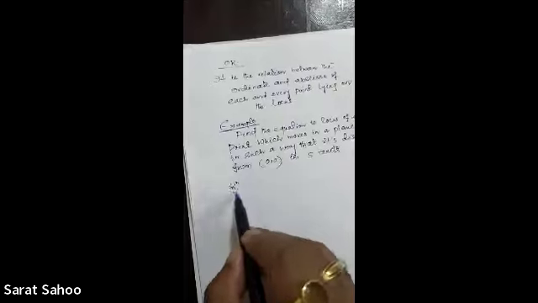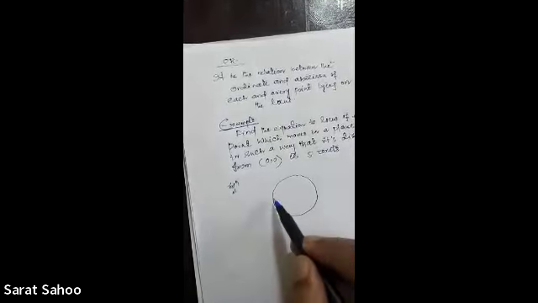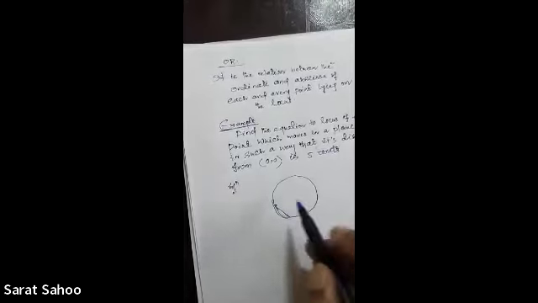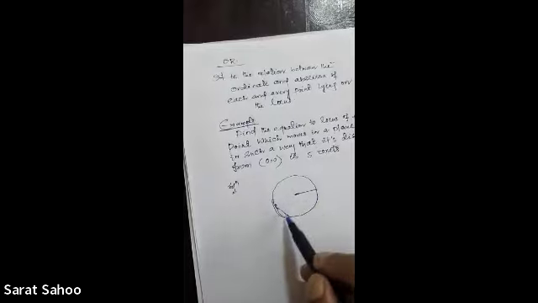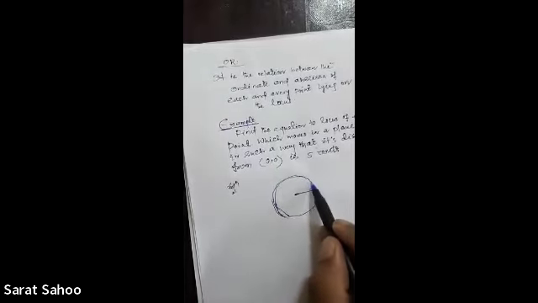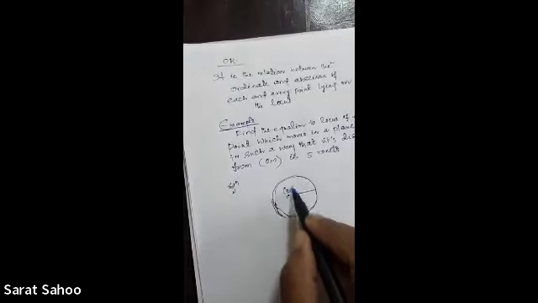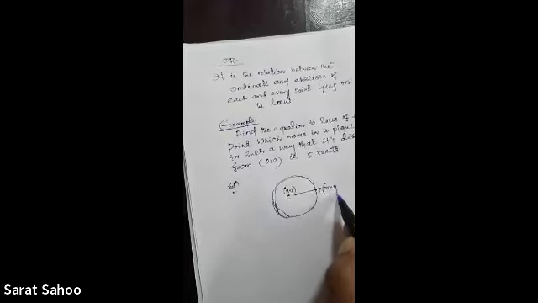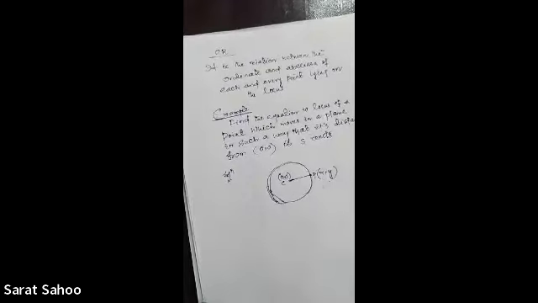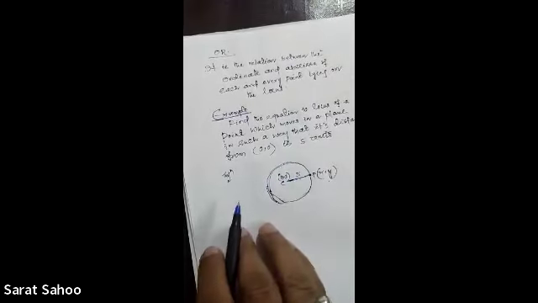Just before, I told you the locus will be a circle if a point moves in a plane maintaining a fixed distance from a fixed point. We have to find out the equation of this circle. The point C is 0, 0. P is a variable point. Let the coordinates of the variable point be x comma y. Thus distance CP is 5 units.